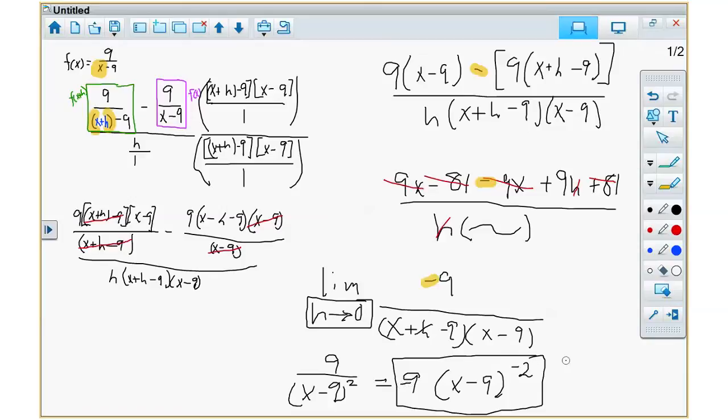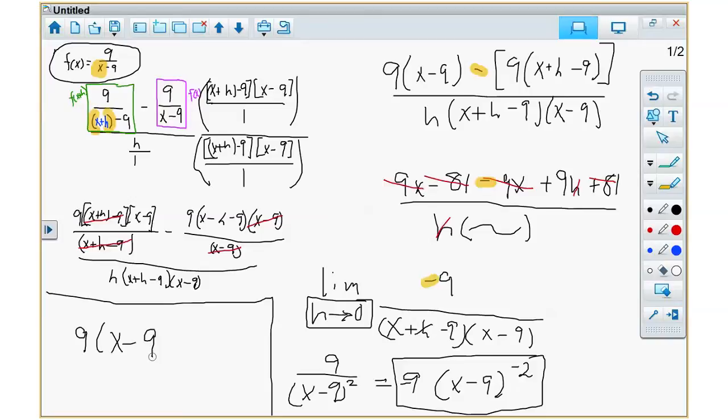Now, some of you that remember your calculus, let's check this. And we'll do this after we finish this test, we'll go into the derivatives. But first of all, if you wanted to find the derivative of this, you would rewrite it as 9 times what? x minus 9 to the what?